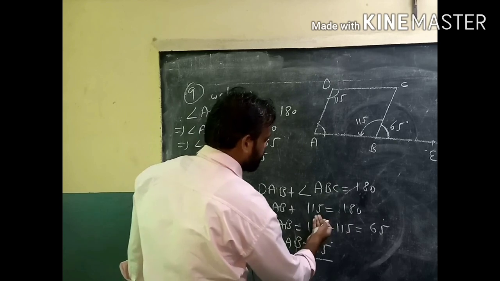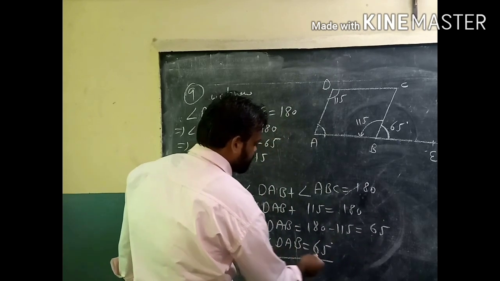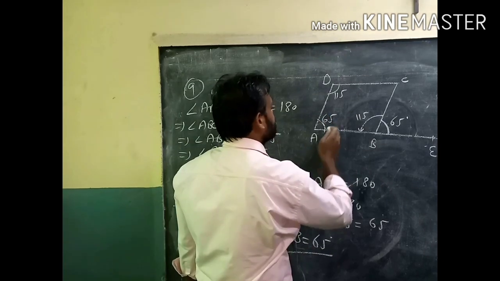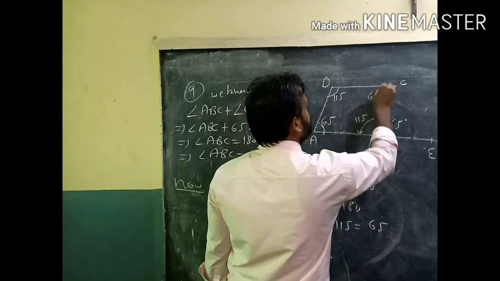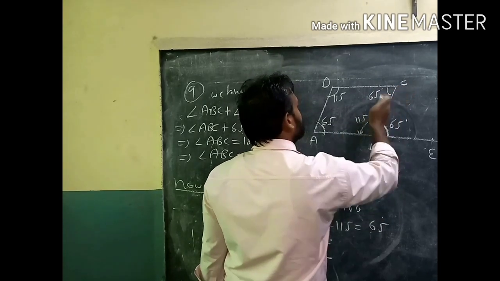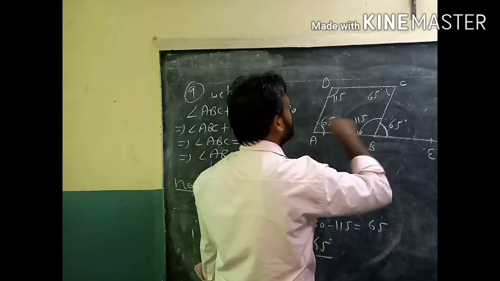Then DAB is equal to 180 minus 115, which is 65. So angle DAB is equal to 65. This way we find the value of A, that is 65, and of course this angle is equal to this angle, so angle C is also 65. This way we can find all the angles of the parallelogram.